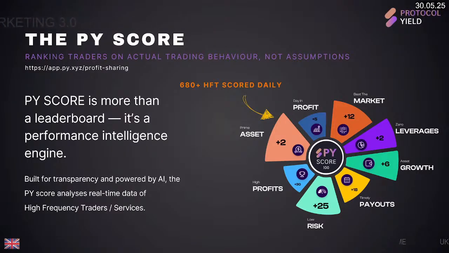Based on this monitoring and analysis, all the 680 HFTs are analyzed every day across 1.1 million transactions, and every day a Pi score is determined. This happens during the PSDS cycle.